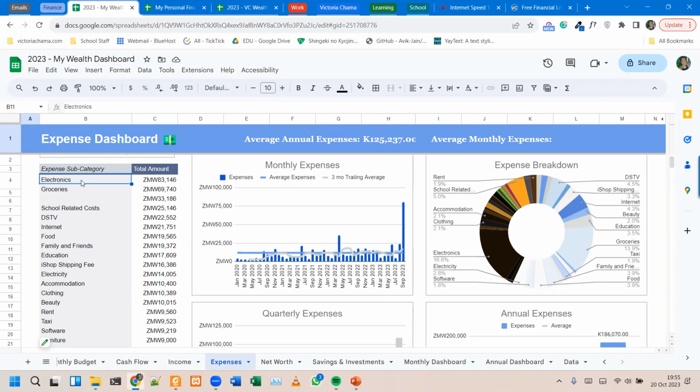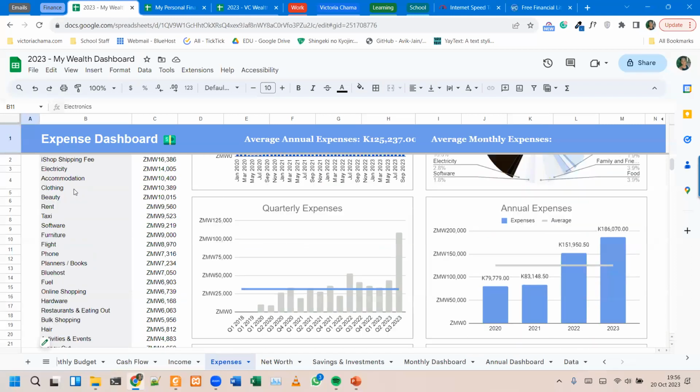So for me, it's electronics. And this makes sense for me because I love tech. I'm in computer science. So the kind of tools I use, I always go for like the most expensive thing. So it should make sense. If hair and clothes was the highest expense category, I would be worried because I don't care about hair or clothing.